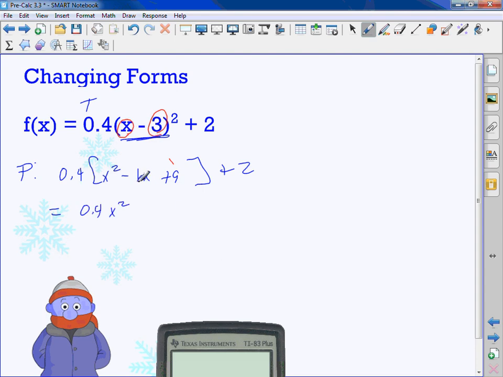What's 0.4 times 6? What's 4 times 6? 24, so it's going to be 2.4. What's 0.4 times 9? So what's 4 times 9? 36, so it's going to be 3.6. And then still the plus 2 on the end.